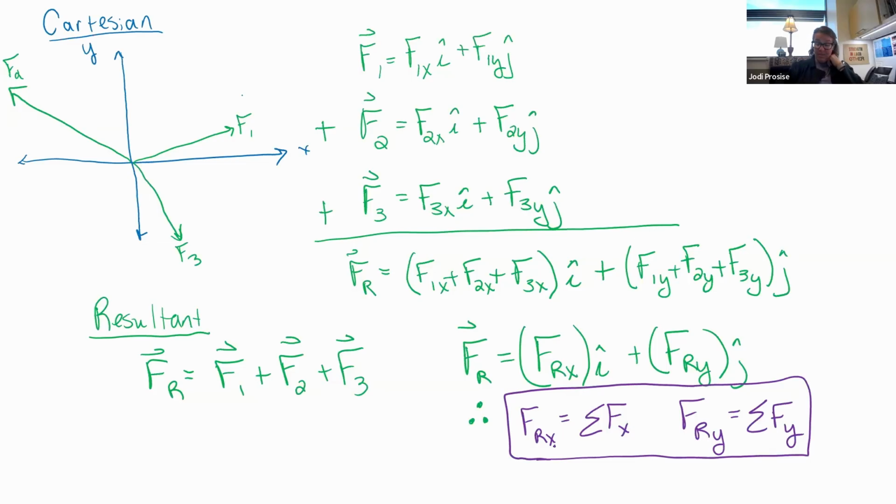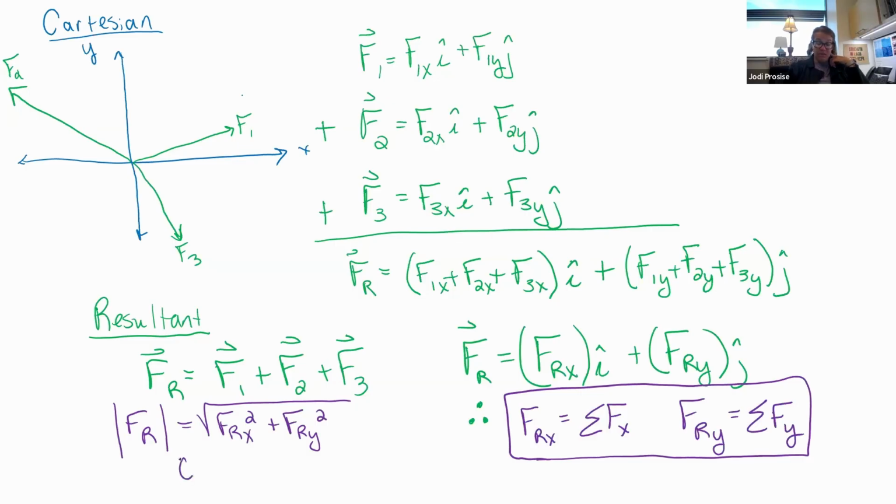You can also then use this information to define the magnitude, which is the distance formula, FRx squared plus FRy squared, which is the same as the law of cosines, but we have a right triangle in there, so that last term just falls off.